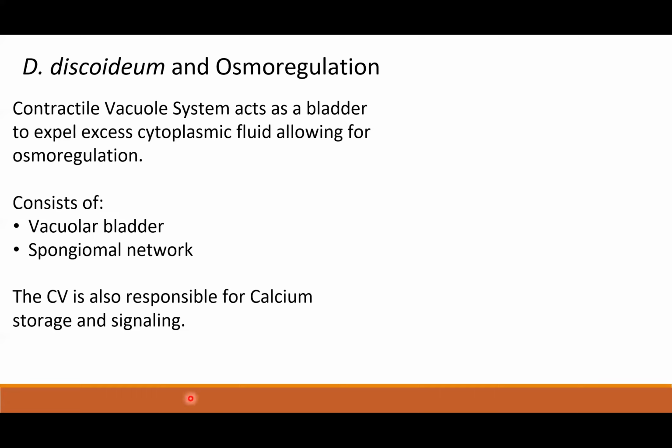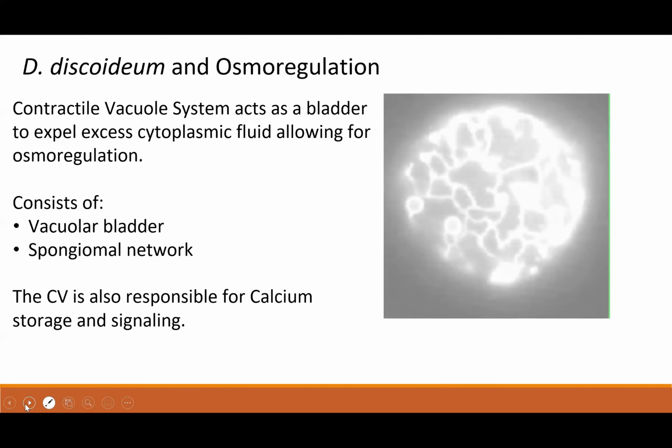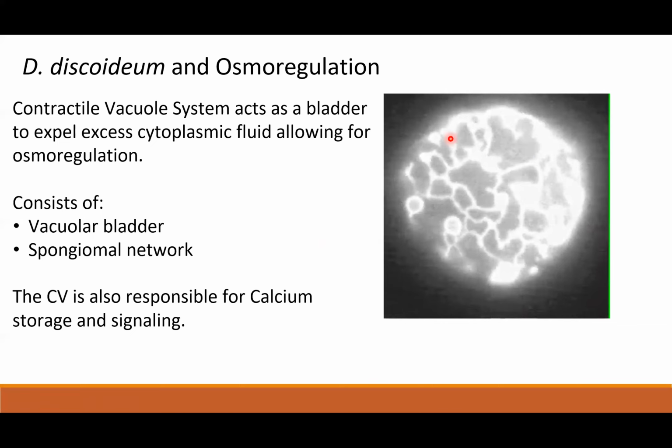It consists of 2 parts, a vacuolar bladder and a spongiomal network. If you look to the image to the right, you can see these little round structures, and that's the vacuolar bladder. And then these little string-like structures are the spongiomal network. The vacuolar bladder is responsible for the expulsion of the fluid. It is highly abundant with calmodulin.